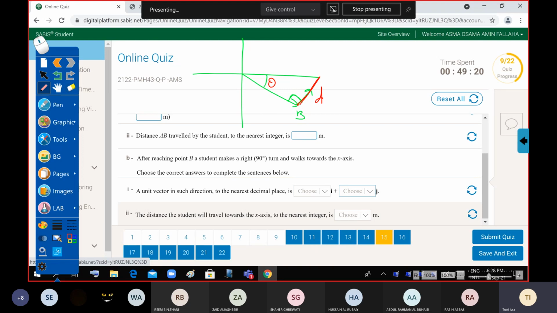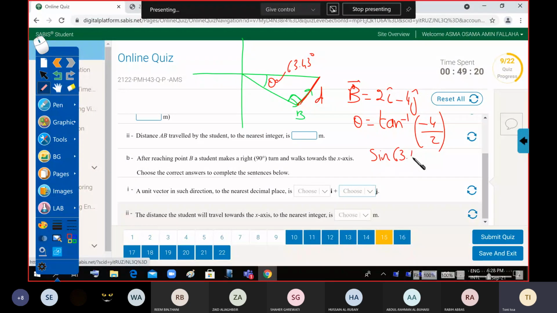We know that vector B is equal to 2i minus 4j. So to find theta, it will be tan inverse of minus 4 over 2. You will get 63.43. And then you use trigonometry, sine 63.43 is opposite, which is d, over the hypotenuse.